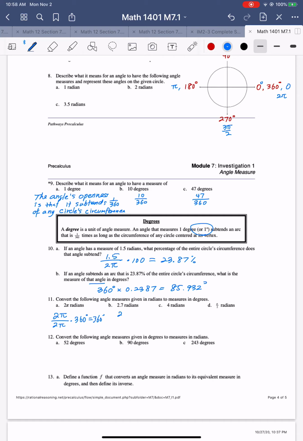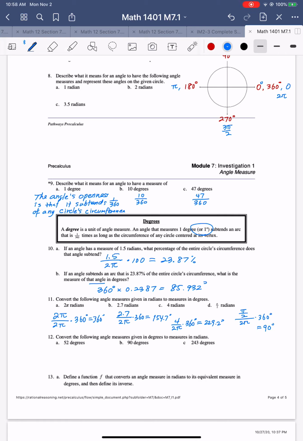Then 2.7 radians out of 2 pi multiplied by 360 gives 154.7 degrees. Then 4 radians over 2 pi times 360 gives 229.2 degrees. And pi over 2 radians over 2 pi multiplied by 360 is of course 90.